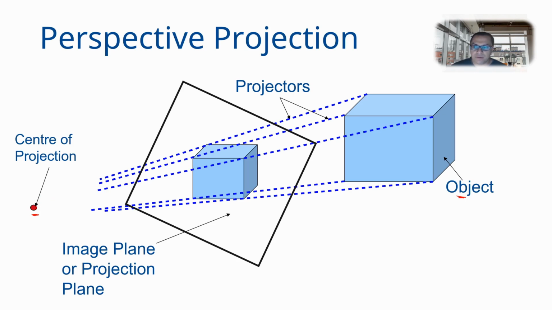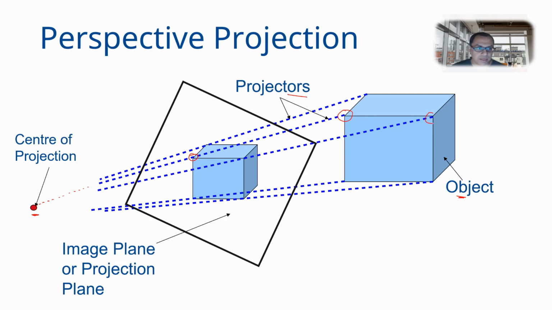Then if I join the camera center with points on my object, so for example here I have joined the camera center with points on the object, and that gives me these rays which are known as projectors, and the points at which the projectors intersect the image plane, we get the images of respective points.